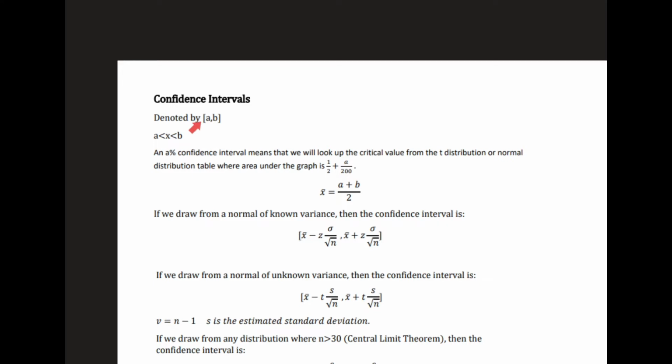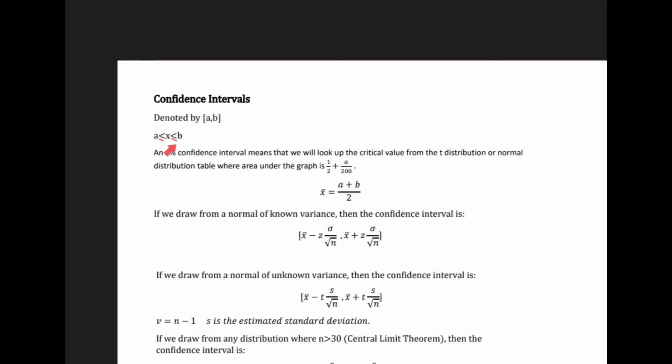So that means this is the interval that contains the mean. Okay, so for example, or you can write it in inequalities. Of course, they should have equals, because you see they are using this kind of bracket. So when they are using this kind of bracket, that means it should have equals.